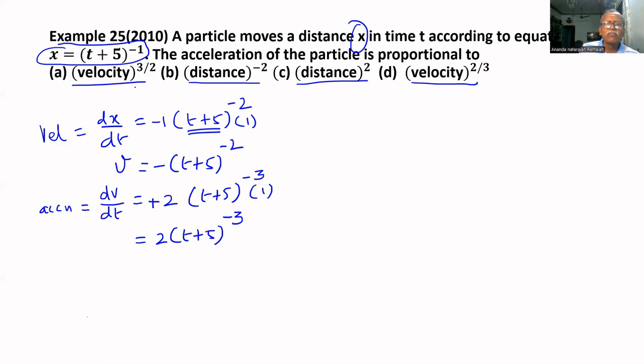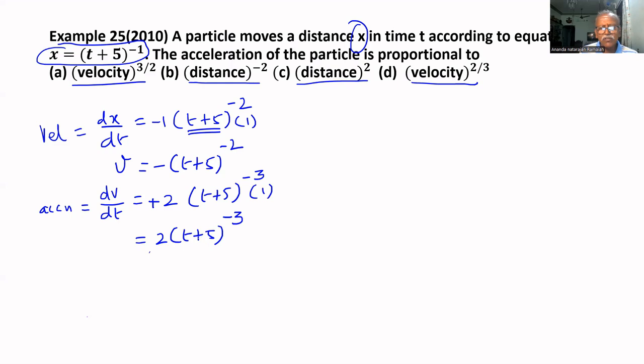Now, it is in the form of an equation, but they are asking in terms of velocity, distance, and time. First, what is velocity? Velocity is equal to minus t plus 5 to the power minus 2. But if it is minus 2, then only we can put velocity here.